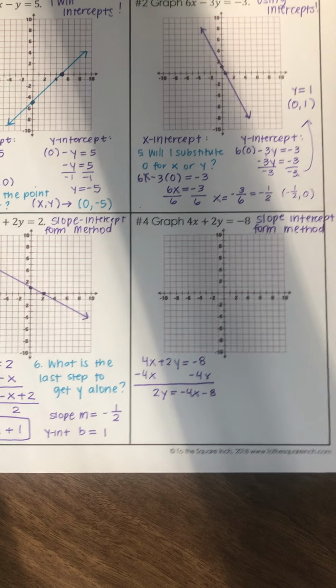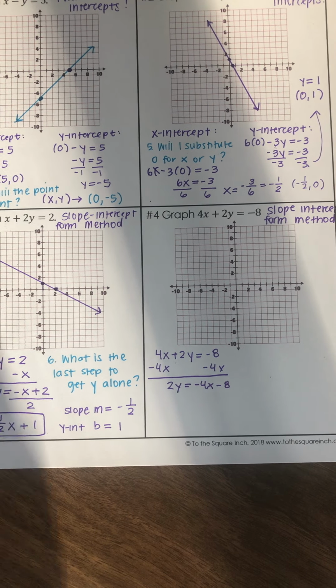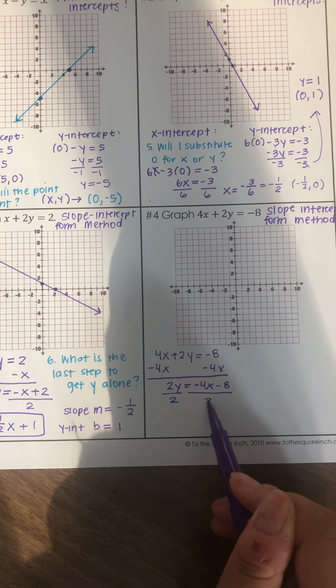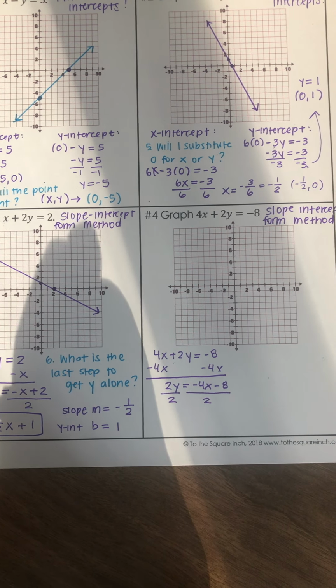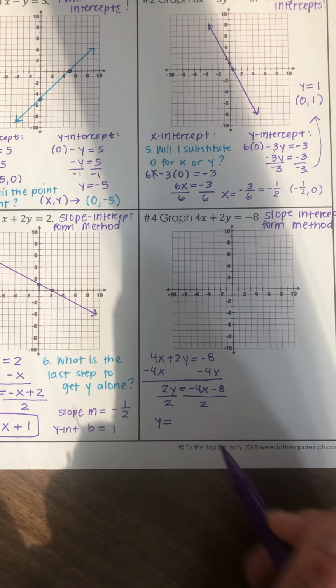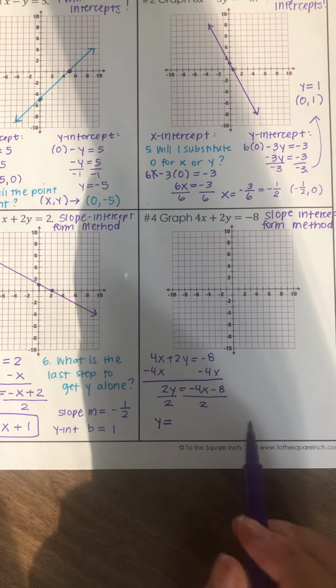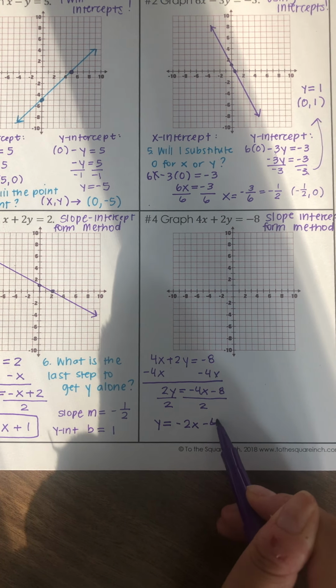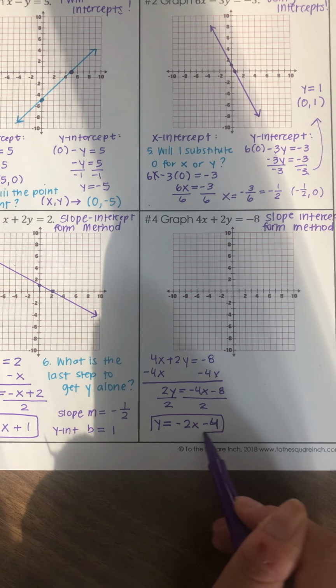And similar to the previous example, I'm going to go ahead and divide 2 on both sides to get that 2 completely isolated, which will leave me with a slope-intercept form equation of y equals negative 2x minus 4.